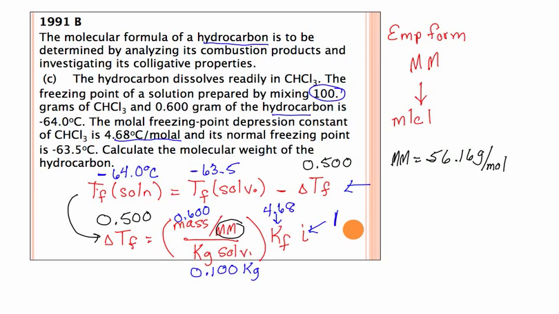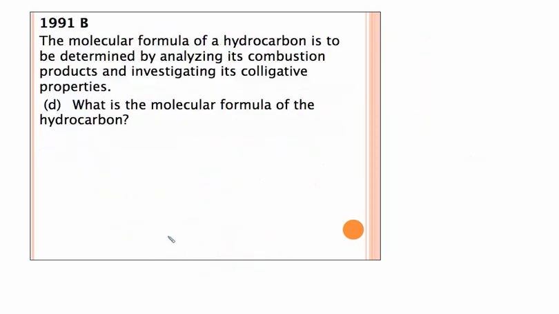So now we're going to use that information in our next part, D. And again, if you didn't get that part, you can assume. And let me show you how you want to assume a reasonable number here.